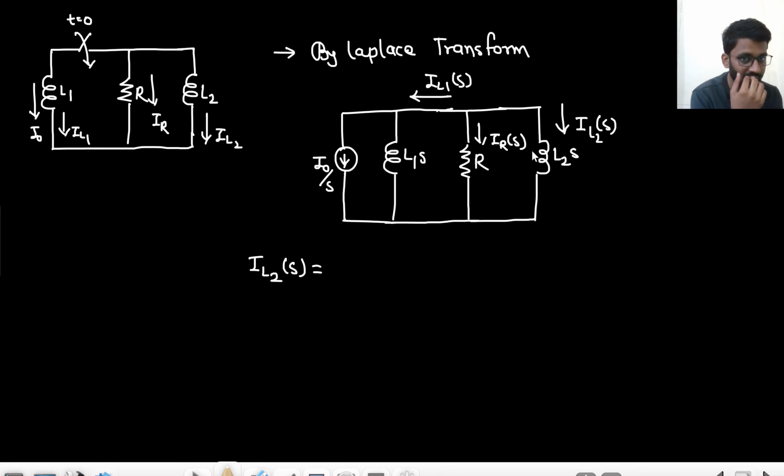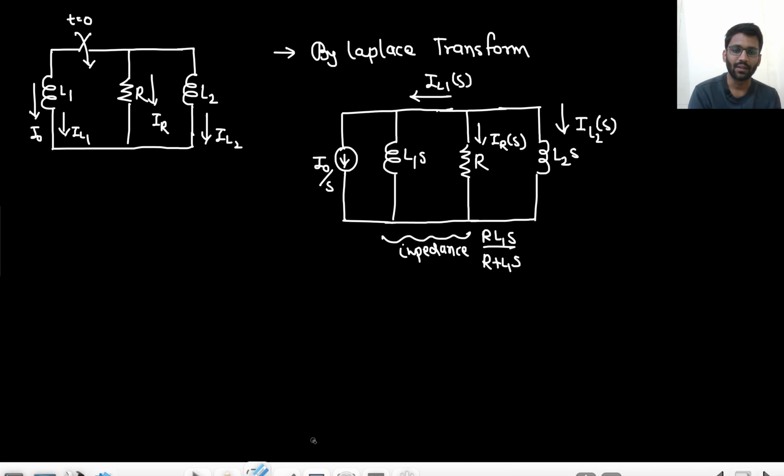Here we have L2S impedance, and the other branch provides R L1S upon R plus L1S impedance. We are talking about the impedance, right? So here we see this much impedance, and here we see L2S impedance.